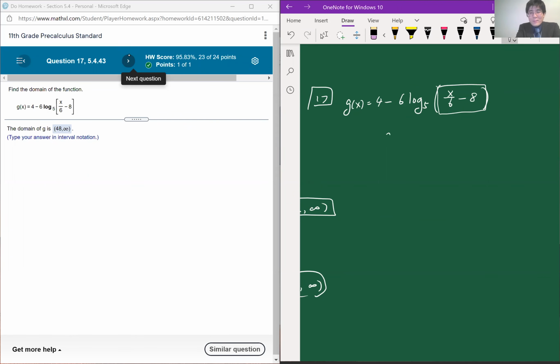We want the inside of the log function to be positive. Let's multiply both sides of the inequality by 6. So x minus 48 must be greater than 0. So the domain would be any number bigger than 48.